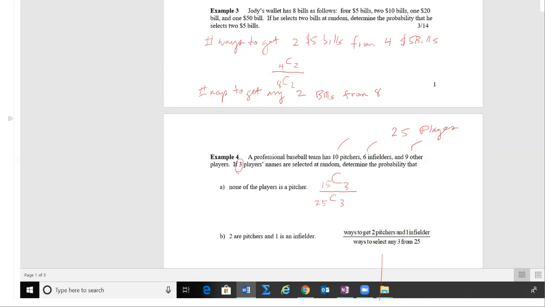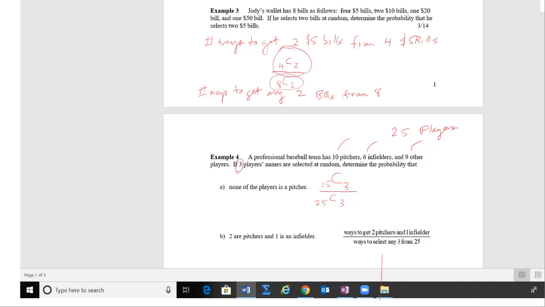So you do the calculations, just throw in your numbers here. I've got my numerator, that's 4 5s, pick 2 at a time, and then any 2 bills from the 8. So this is the number of ways to select any 2 bills from those 8 that are there.